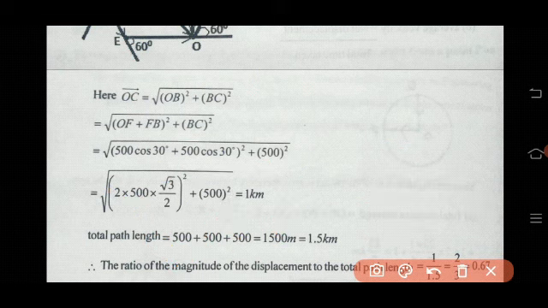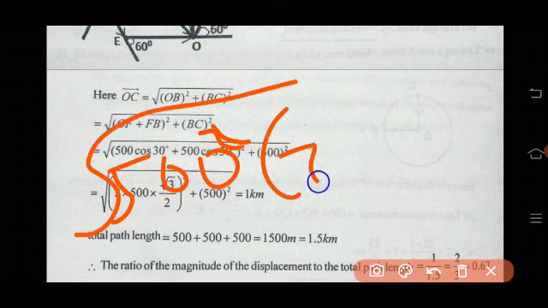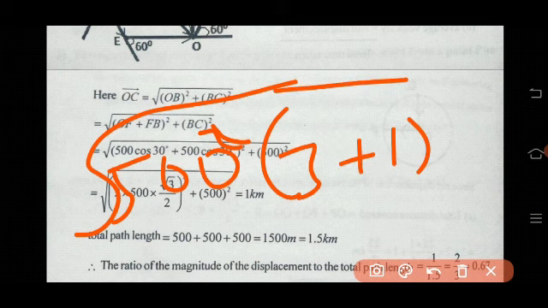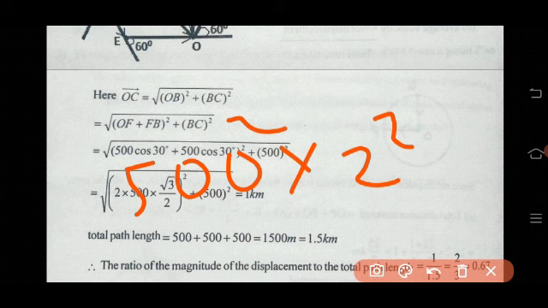You can take it out. So under root 500 square into 3 plus 1, that is 4. Or you can write 500 square into 2 square.